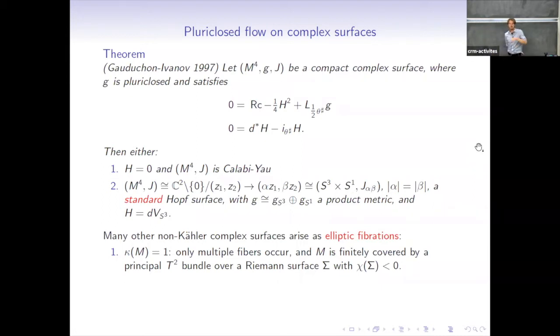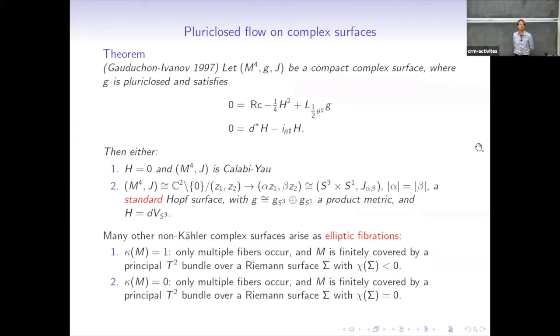So non-Kähler surfaces of Kodaira dimension 1 are fibrations, and in fact only multiple fibers occur, and you can take a finite cover, which is a genuine T² bundle over a Riemann surface, which in this case will have negative Euler characteristic. Similarly, Kodaira dimension 0, the non-Kähler examples again are fibrations and only have multiple fibers and are finitely covered by a T² bundle over this type of Riemann surface of genus 0.